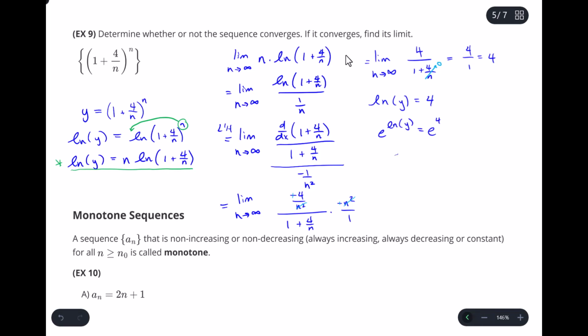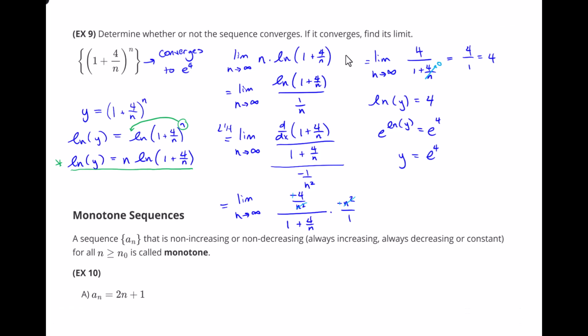E to the natural logarithm of y reduces to just y, and that's equal to e to the 4th power. So what that means is this sequence converges to e to the 4th power.